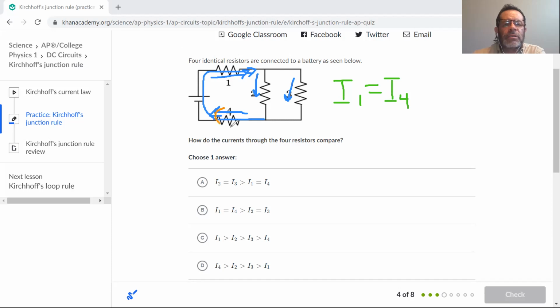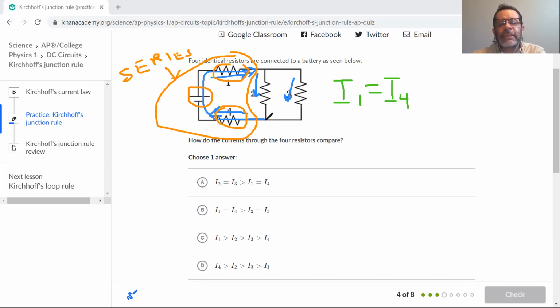Correct, JC. So I4, the battery, and I1, the 3 of them are connected in series amongst themselves. So if they're connected in series, therefore, the current that goes through one is the same current that's going to go through the other.